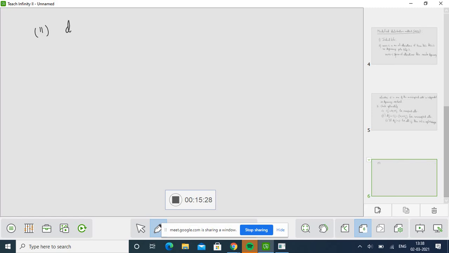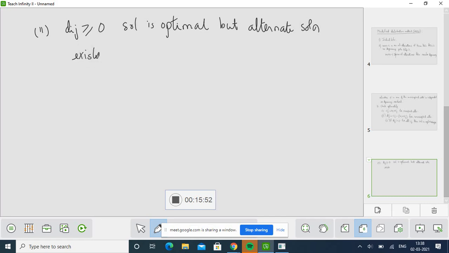So suppose my Dij is greater than or equal to 0, then the solution is optimal, but an alternate solution exists. Then, what is the third case that is feasible? It can be negative.